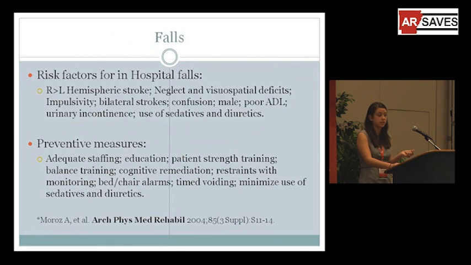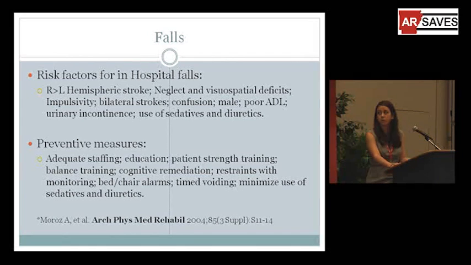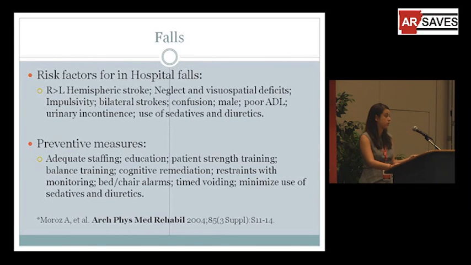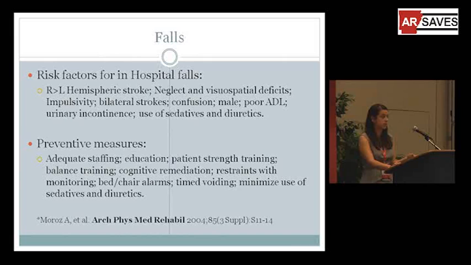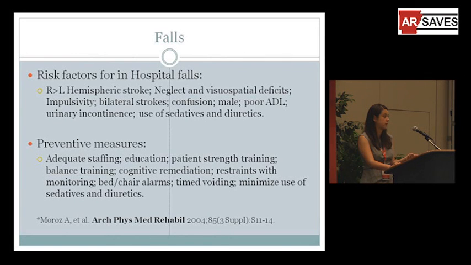And then falls is a significant complication after stroke. It happens in the acute side as well as the rehabilitation side. Risk factors for falls are multiple. Folks with right-sided stroke, so folks with left-sided hemiplegias, are more likely to fall than folks with right-sided hemiplegias. People with neglect are more likely to fall because of their decreased awareness.